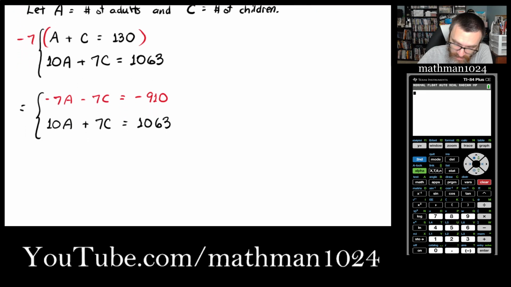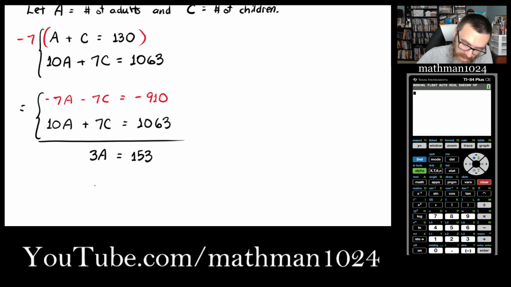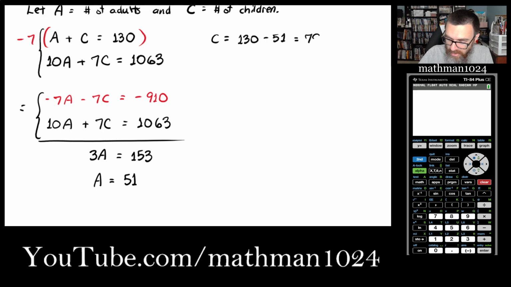And we did this so that the C's would cancel out, giving us 3A equals 1063 minus 910, which is 153. And if we divide both sides by the coefficient for A, we end up with 51. And if A is 51, we know that the sum is going to be 130. So that means that C is going to be 130 minus 51, and that equals 79.